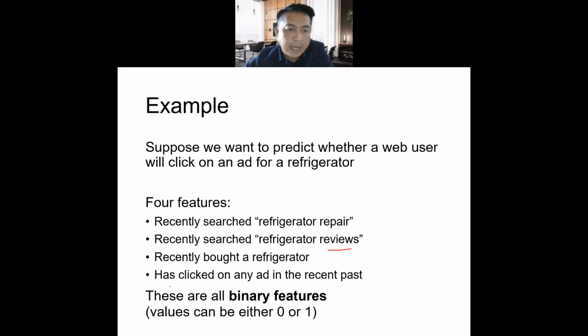And the fourth one is has clicked on any ad in the recent past. Suppose we want to predict whether a web user will click on an ad for a refrigerator, based on these features. The value of each of these is 1 or 0.